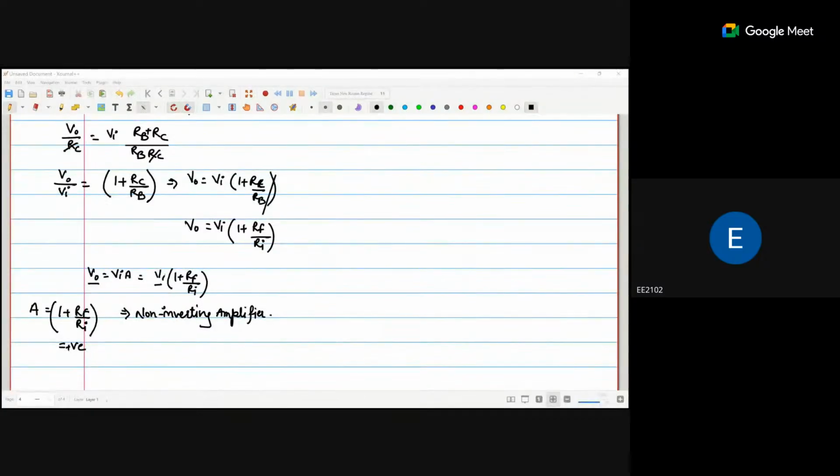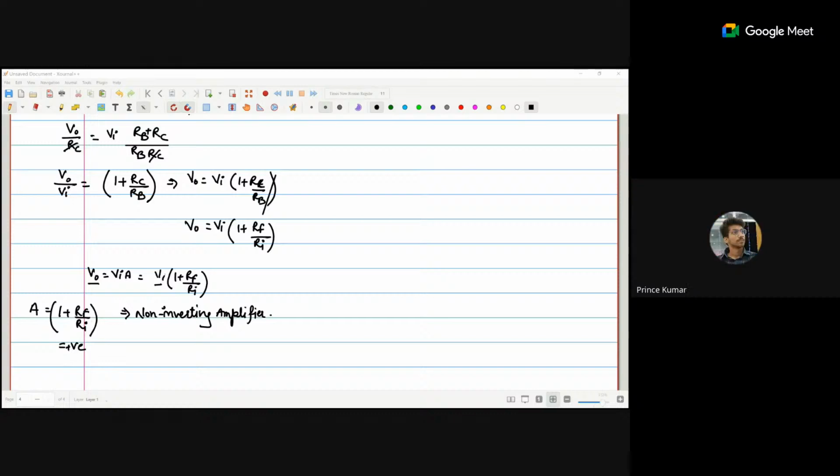Okay? Yeah. Pradeepa, you can ask. Pradeepa and Prince: Sir, please explain the current part of the closed loop system. Okay, in this figure or some other figure? In the same figure.